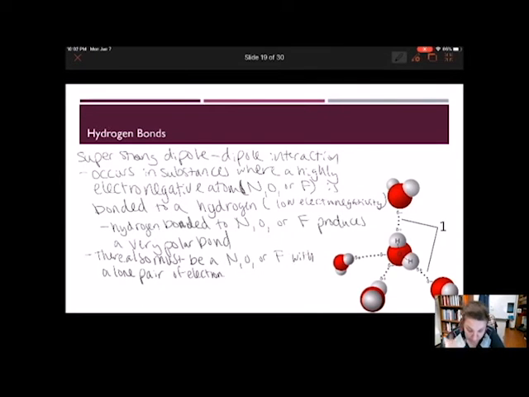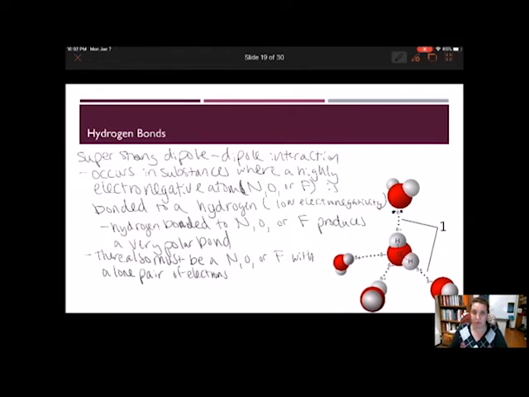So our pair of electrons on our oxygen, nitrogen, or fluorine is going to hydrogen bond with a hydrogen attached to an oxygen, nitrogen, or fluorine.